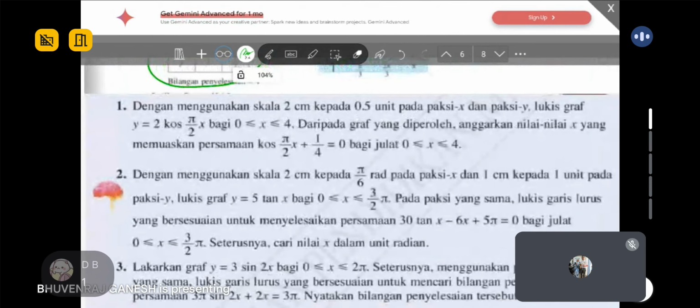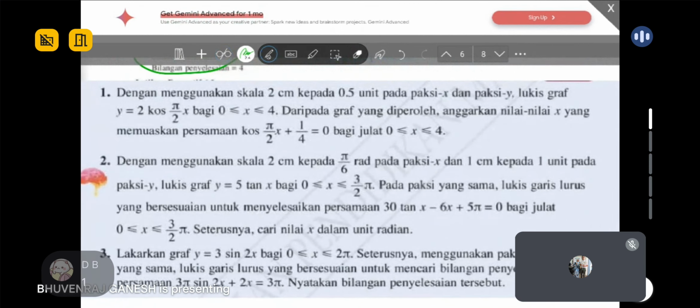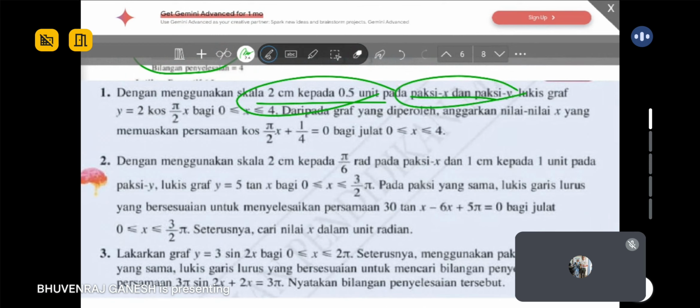That's all, this is the last question for subtopic 6.3. For this question, they give you the scale. This question is a bit different, guys. They give you the scale, so you must follow the question. If there is a scale, you must follow.